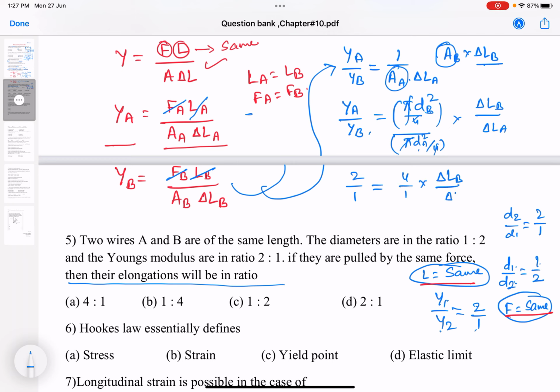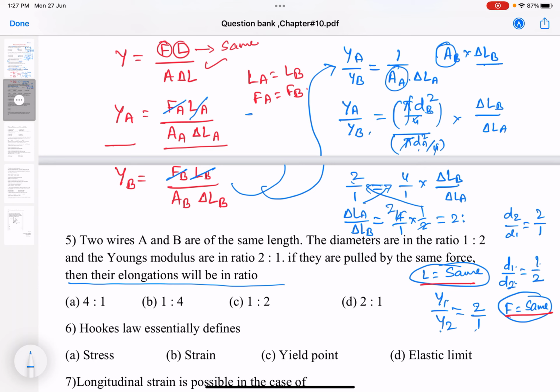On cross multiplying, you will get delta LA by delta LB is equal to 4 by 1 into 1 by 2. So you will get the answer as 2:1. 2:1 is the answer. This is the answer. Okay.